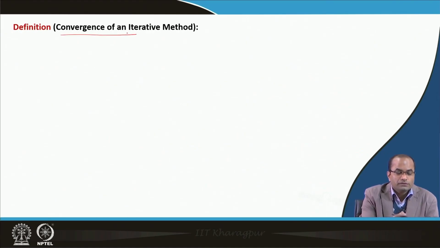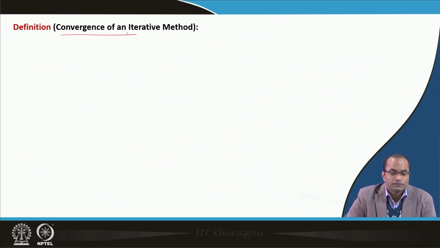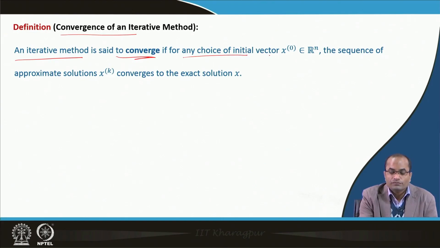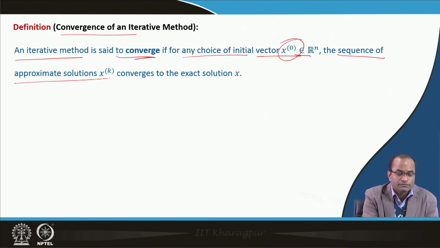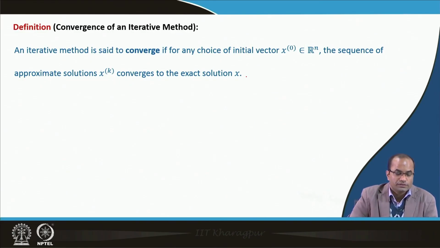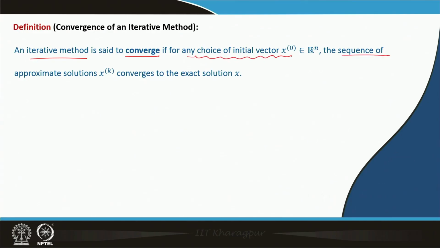Now, just a few more definitions for convergence. We are talking about the convergence of an iterative method. An iterative method is said to converge if for any choice of initial vector x naught, the sequence of approximate solutions x k converges to the exact solution x.